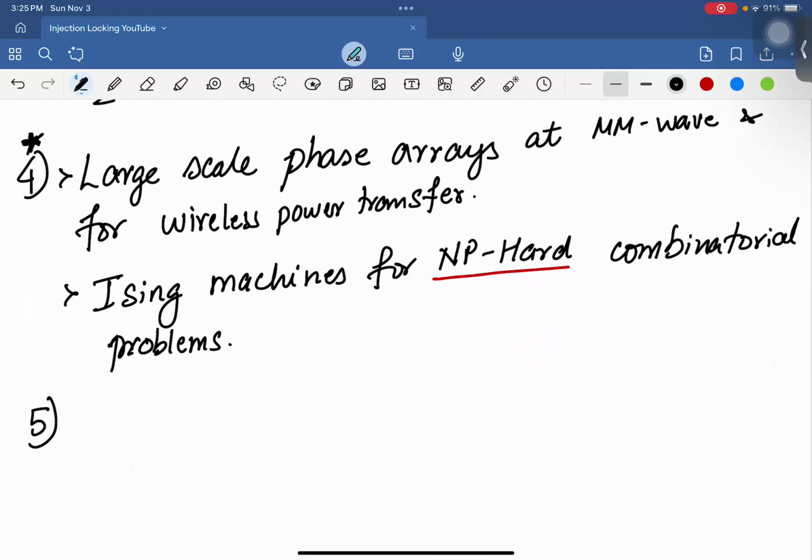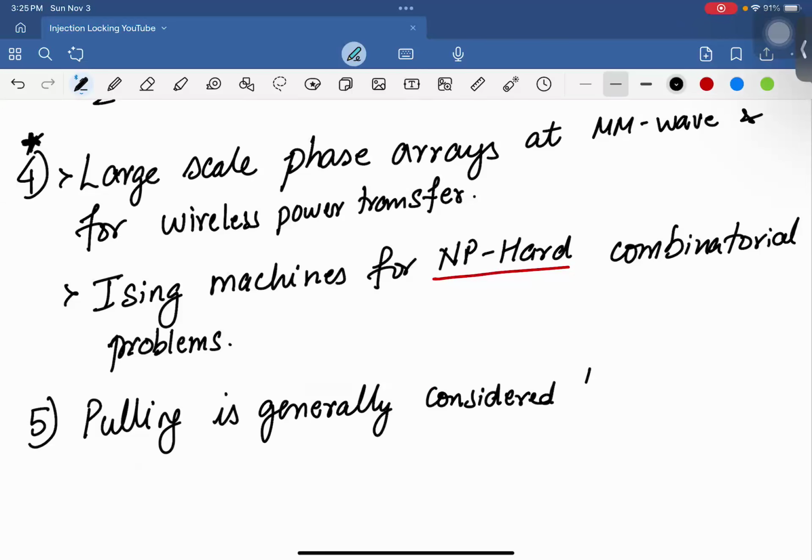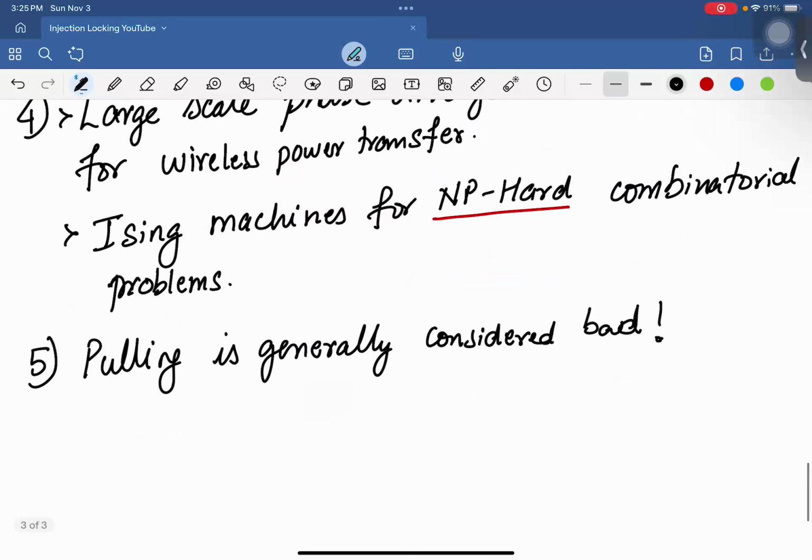So let's just say five, right? Is you want to avoid injection pulling wherever you can. Pulling is generally considered to be bad, right? So if you have, let's say, some high frequency, high power signal that you're transmitting from your transmitter, but you have a PLL nearby, right?